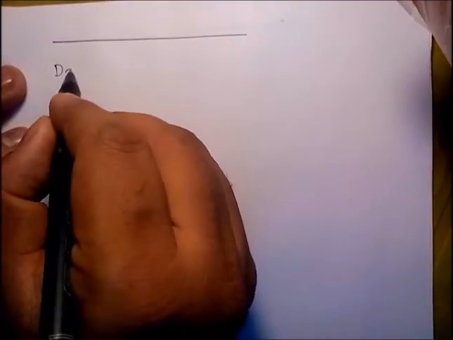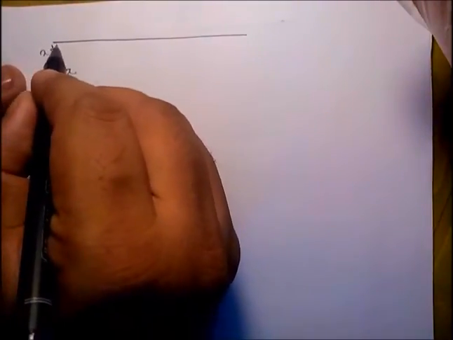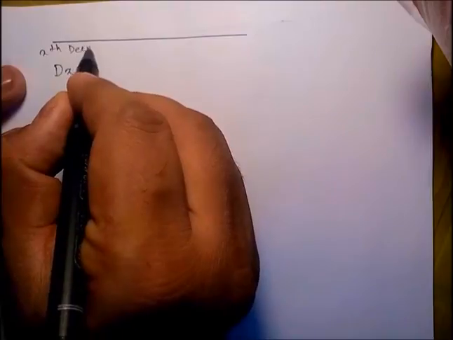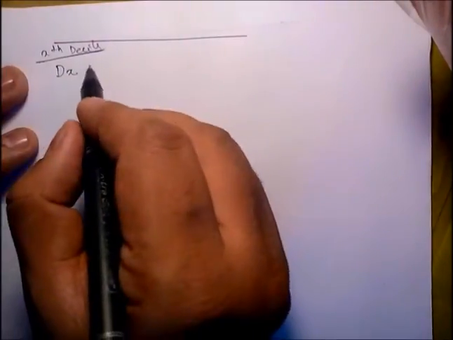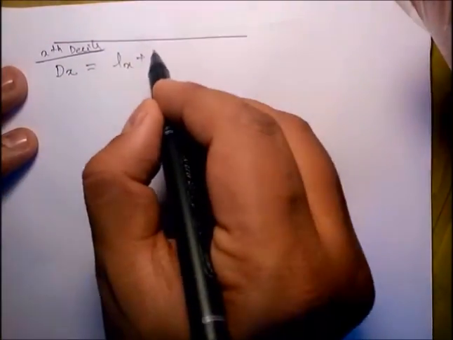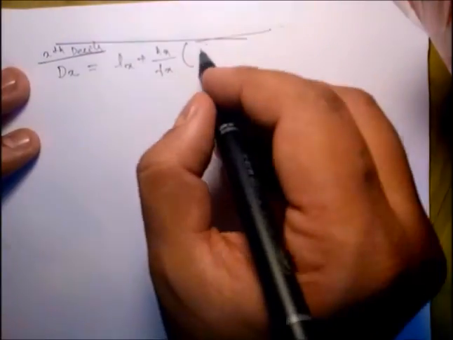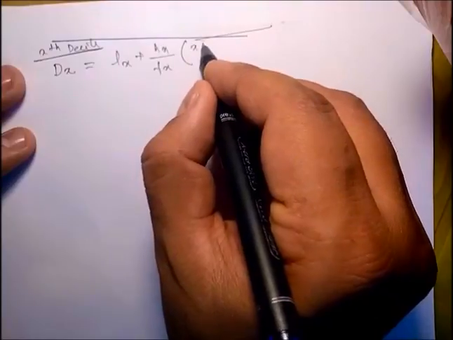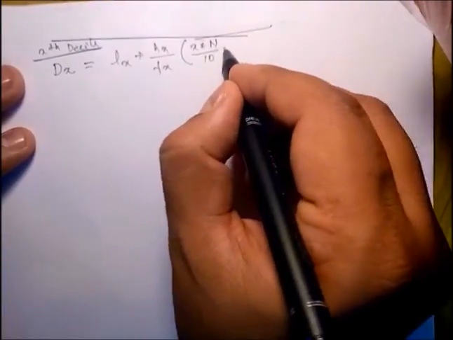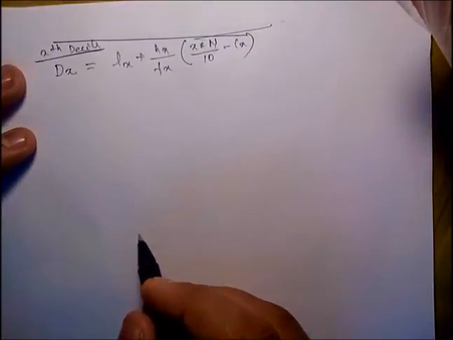Now easily we can calculate deciles and percentiles also. So the formula is like that. To calculate the xth decile, it is nothing but Lx plus Hx by Fx, then x into n by 10 minus Cx.